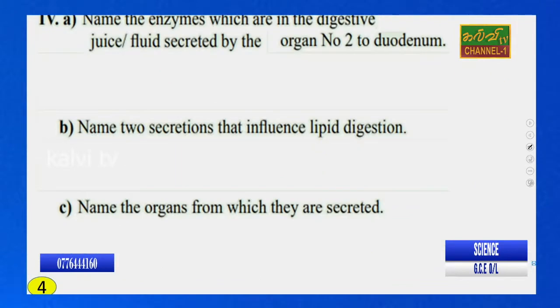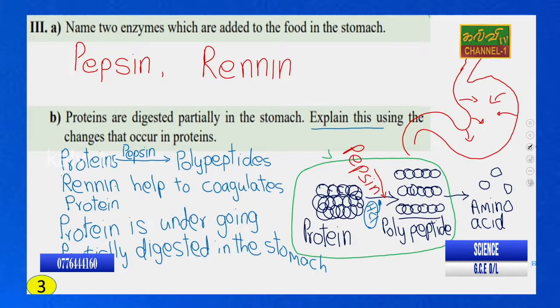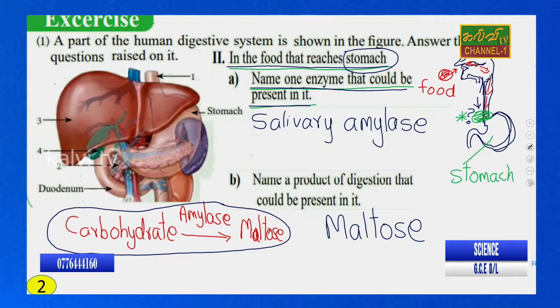Name the enzymes which are in the digestive juice or fluid secreted by the organ number 2 to the duodenum. That means for number 2, we should see the diagram. Here, what does number 2 indicate?